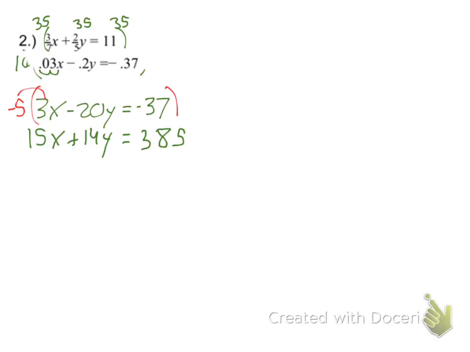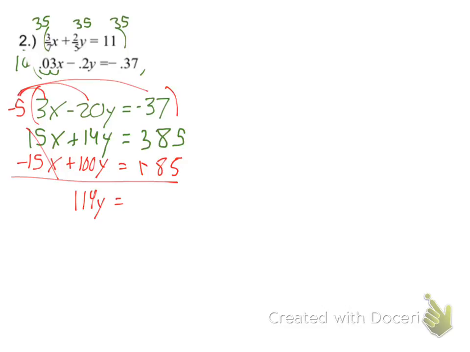Negative 5 times 3x is negative 15x. Negative 5 times negative 20 is 100y. And negative 5 times negative 37 is a positive 185. Add them. They're gone. We engineered that to happen.